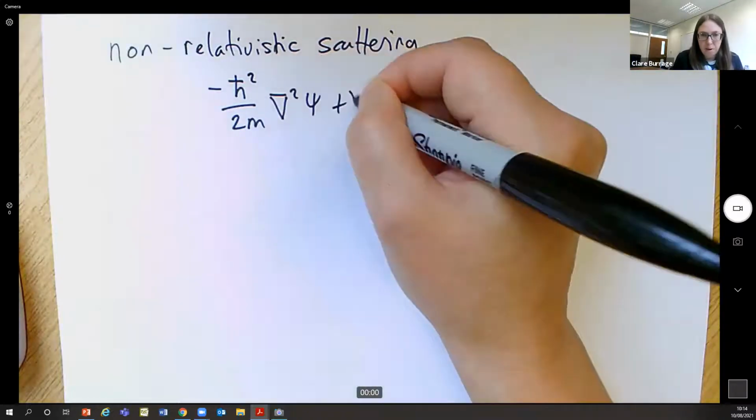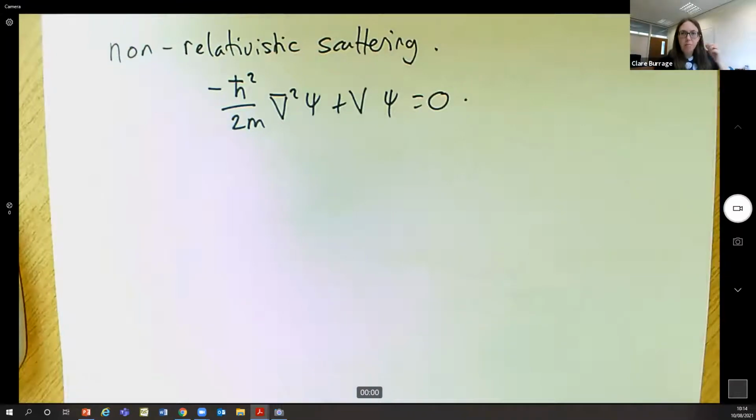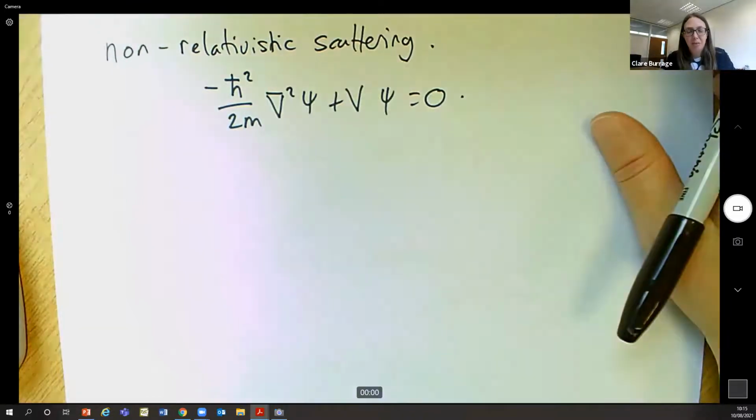So we've got some V, some potential that we're scattering off. And again, thinking about the scattering picture that we've been talking about, we can compute a scattering amplitude in quantum mechanics from the Schrodinger equation in the way that I'm sure you're very used to doing at undergraduate level.